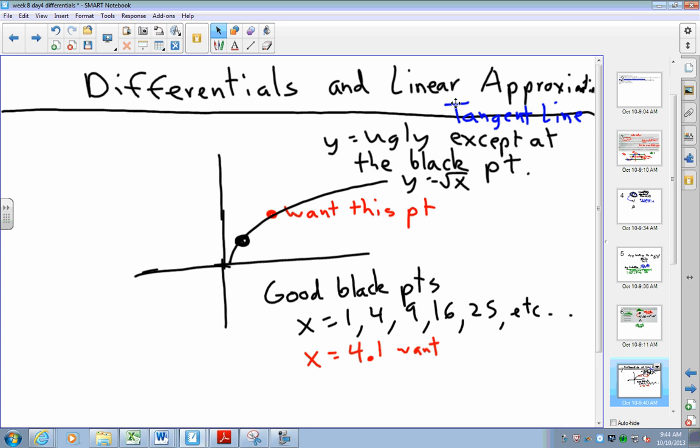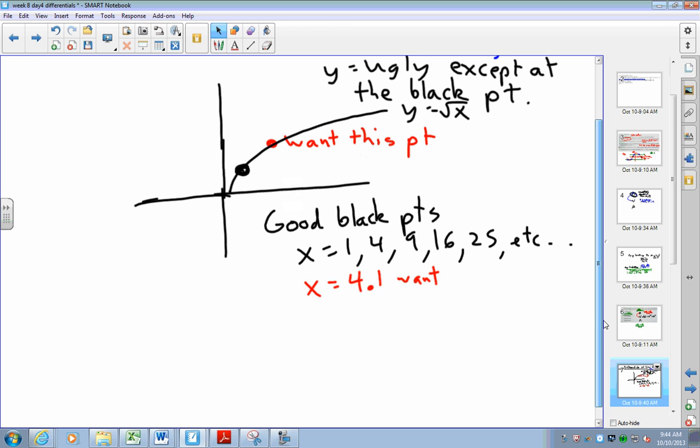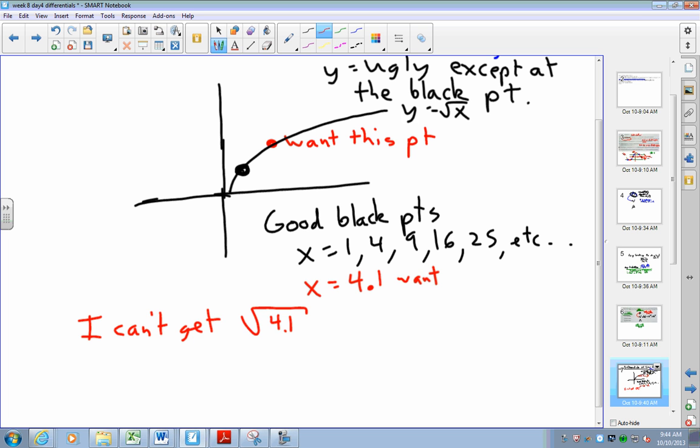I can't get the square root of 4.1 without a calculator.